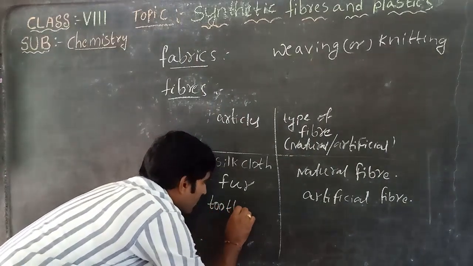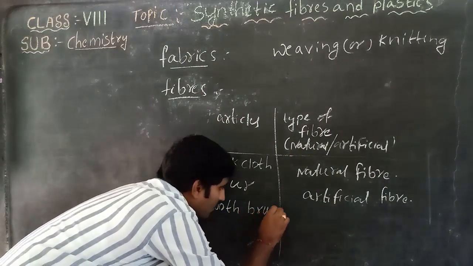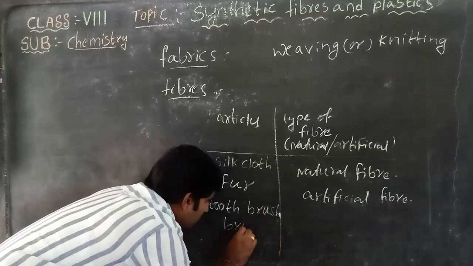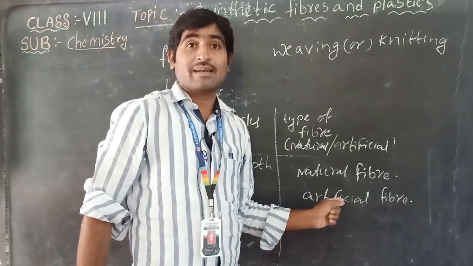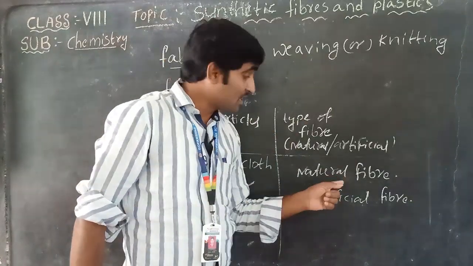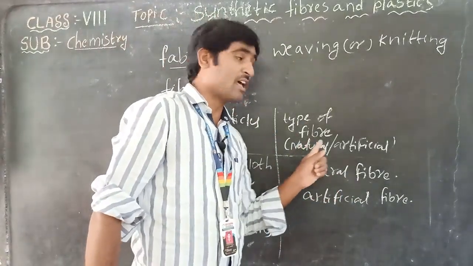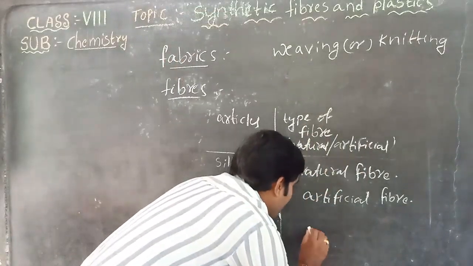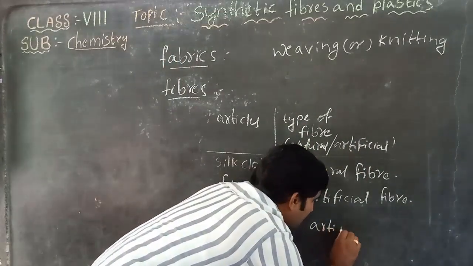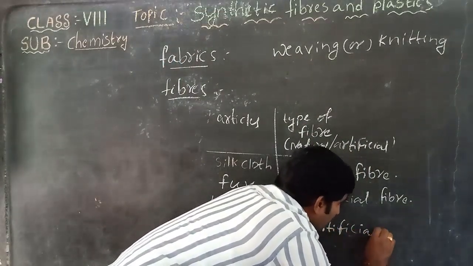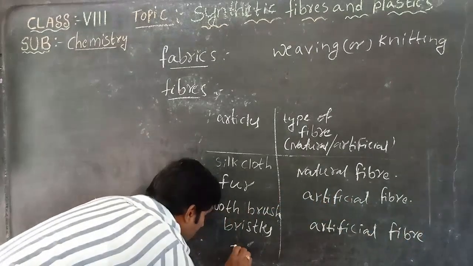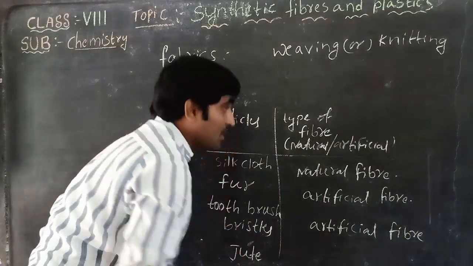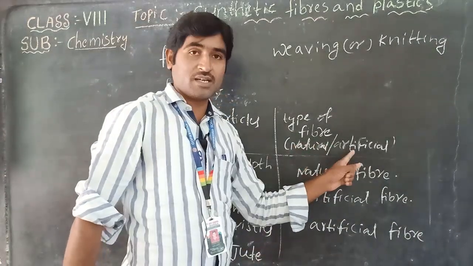Toothbrush bristles. Have you seen the toothbrush? It has bristles. Are those bristles made from natural or artificial fiber? Artificial fiber. Jute. Jute is which kind of fiber, natural or artificial?